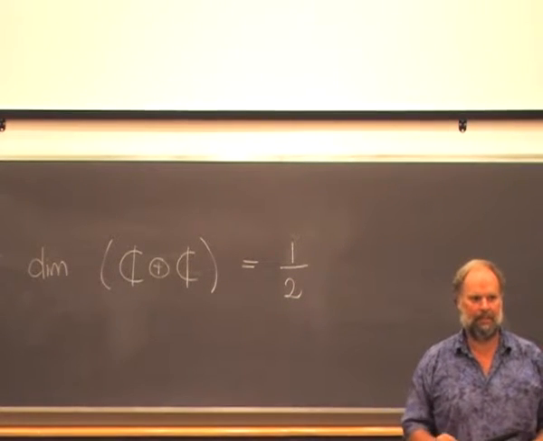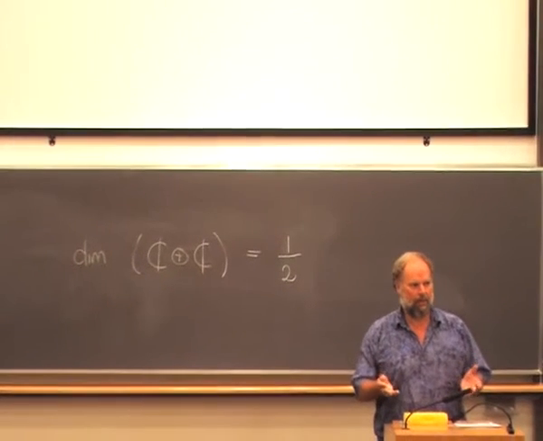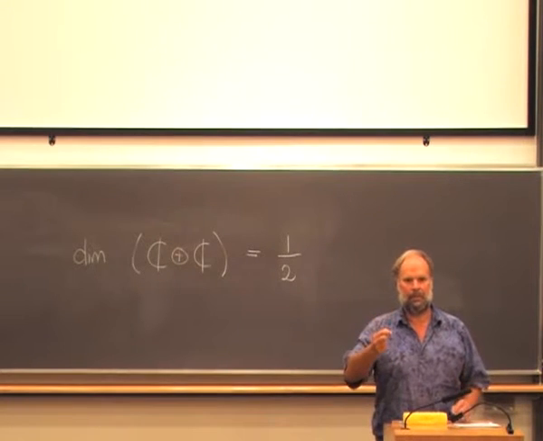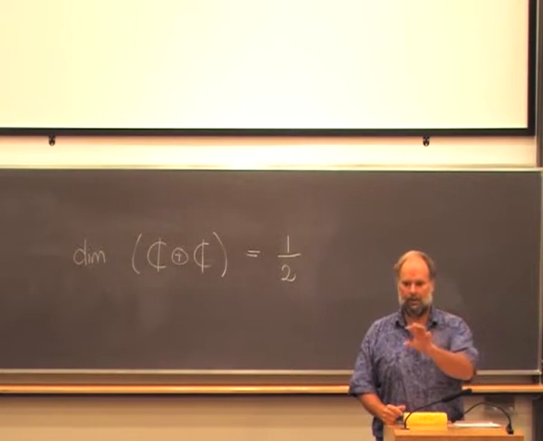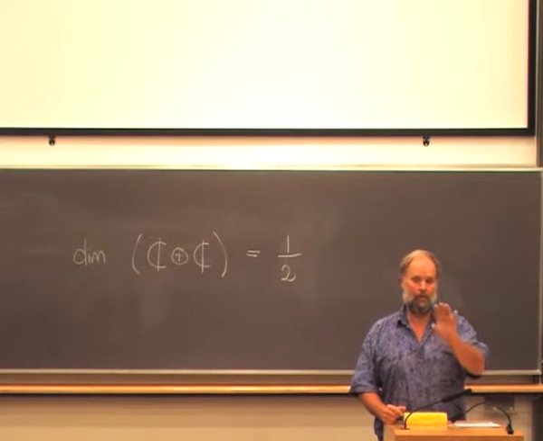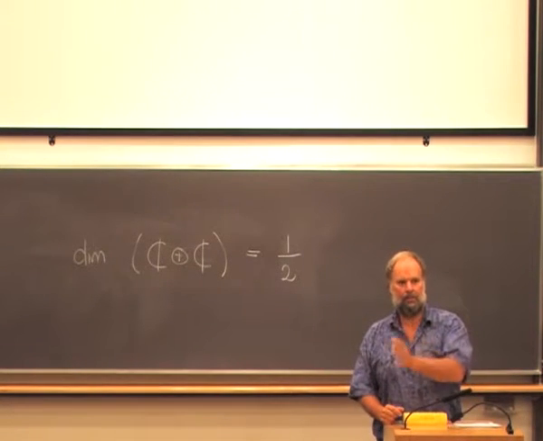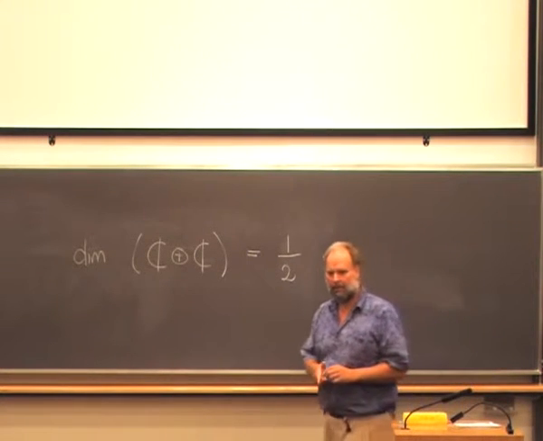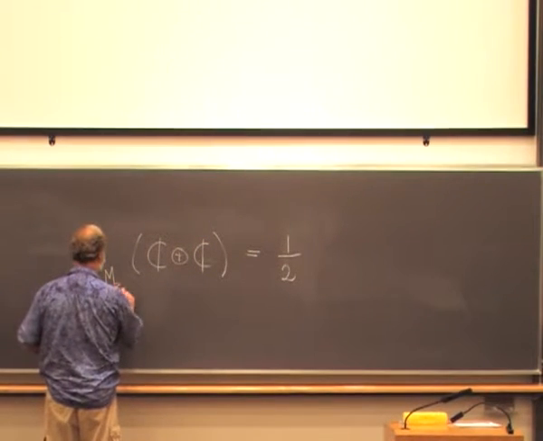So what kind of madness leads to this answer? Let's go back and review how we got those two answers. We got the answer 2 if it was a vector space over the complex numbers, because there were exactly 2 copies of the complex numbers. We got 4 if we thought it was a real vector space, because there are exactly 4 independent copies of the complex numbers. So we get 1/2 if we think of it as a vector space not over those fields but over the 2x2 matrices.